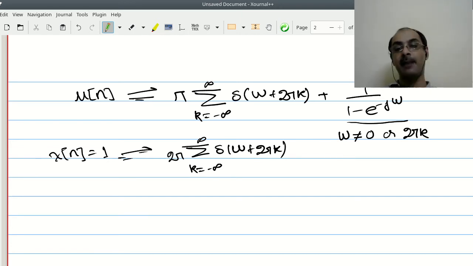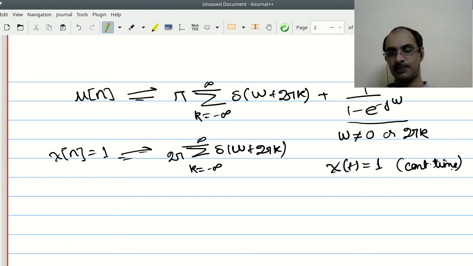For this I am not going to go into the complete details, but think about the all ones, let's say the signal x of t is equal to 1, in continuous time. This is the DC signal.